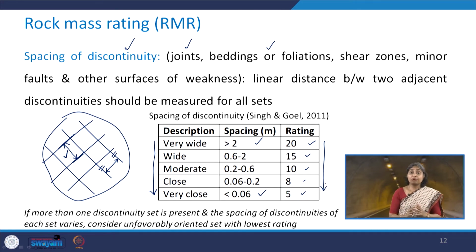Now, in case you have more than one discontinuity set, as I showed you here in this figure, then we have to find out the spacing of discontinuity for each and every set, and we have to take the value of the spacing of the discontinuity which is the critical oriented set.